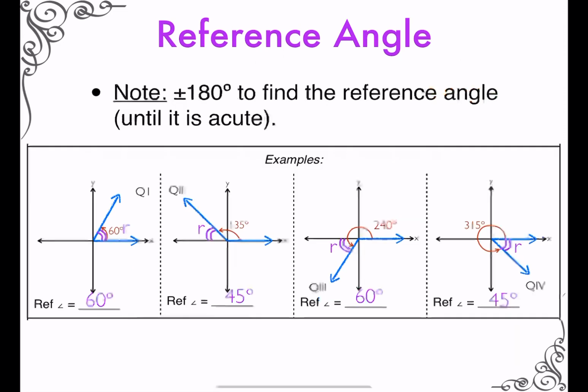So an important note, and I would write this down in your notes before you start on the practice problems. To get the reference angle, we're going to add or subtract 180 degrees until we get an acute angle.